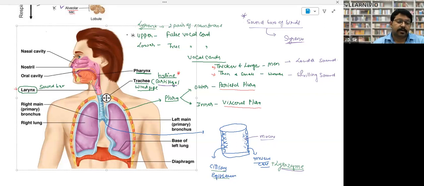Larynx is made up of two pair of membrane.